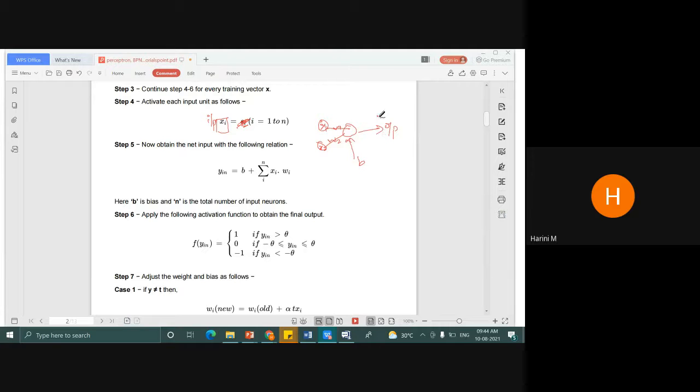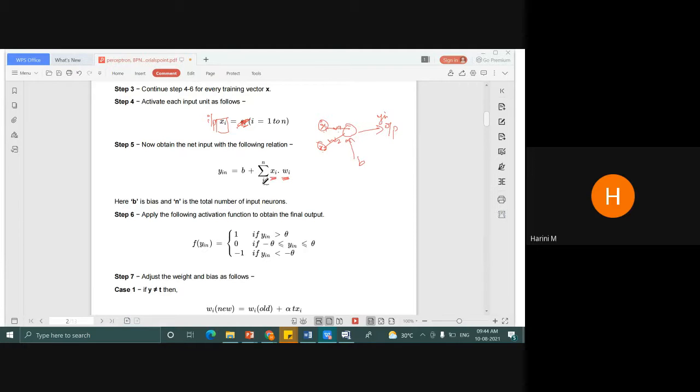You have to calculate the output. How do you do that? The summation part: x1 into w1, x2 into w2, plus the bias, right? The same thing is given here, x into w. Since it's a summation, the i can change. You can have any number of inputs here.